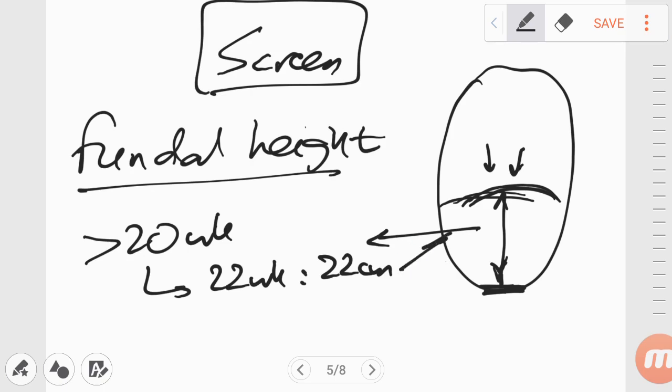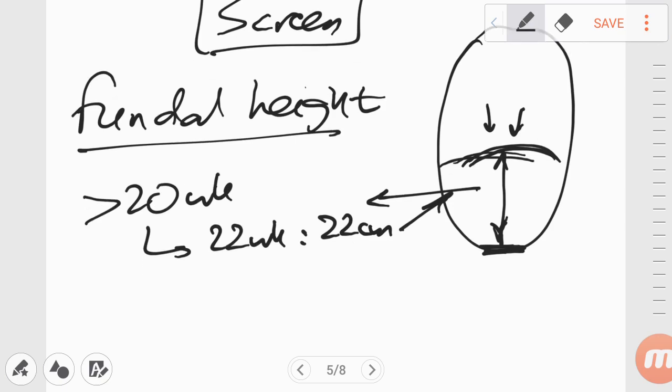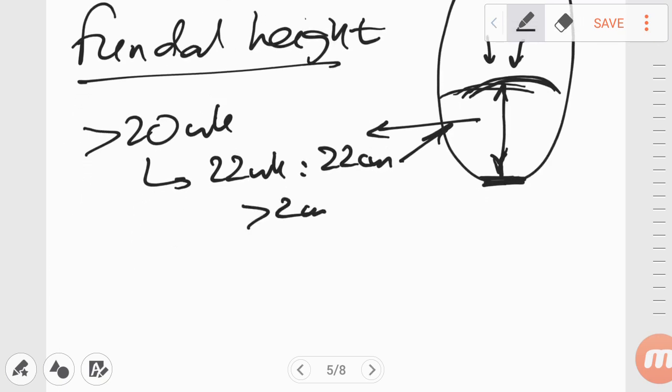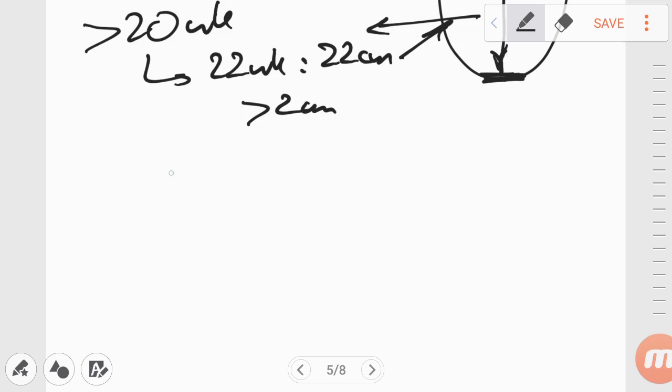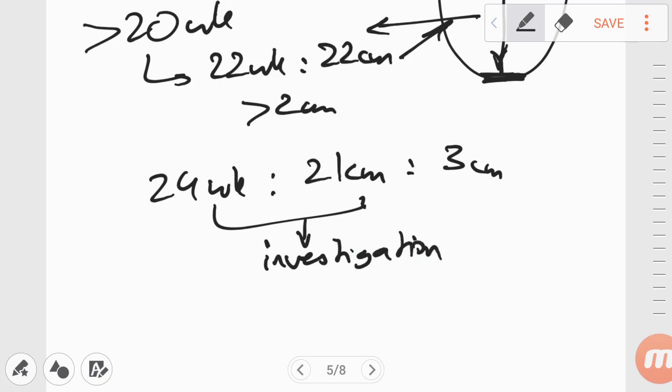If there's a difference of more than 2 centimeters between these parameters, let's say the child is at 24-week gestation, but the fundal height that you measured comes out as 21 centimeters, which is a difference of 3 centimeters, that means we need to do further diagnostic investigations to rule out any possible causes of problems, like one of them could be intrauterine growth restriction.